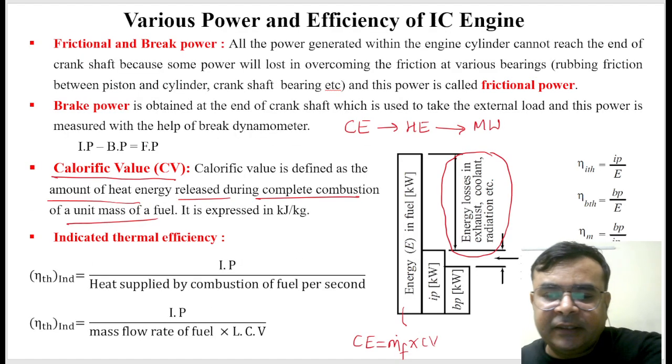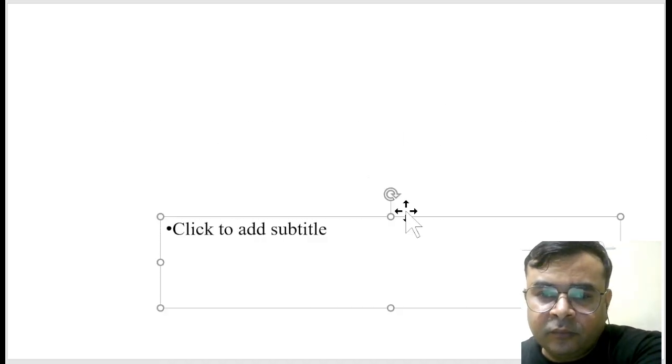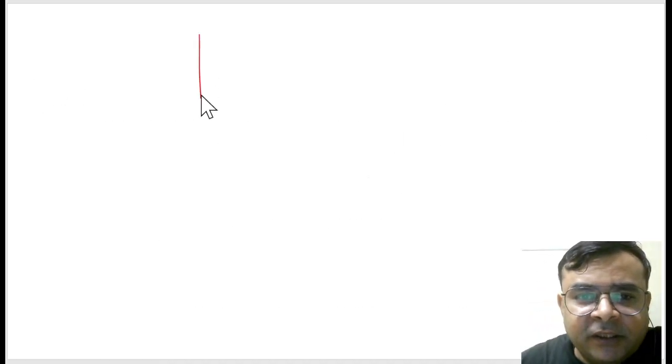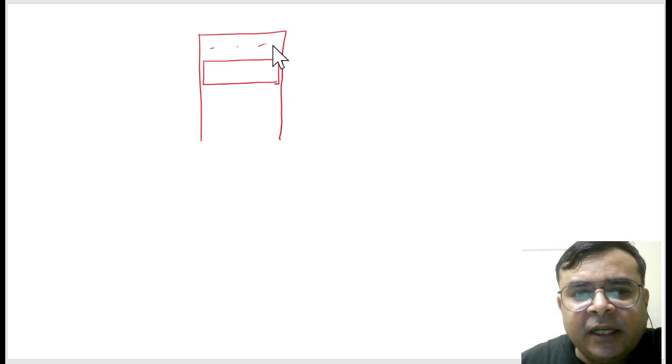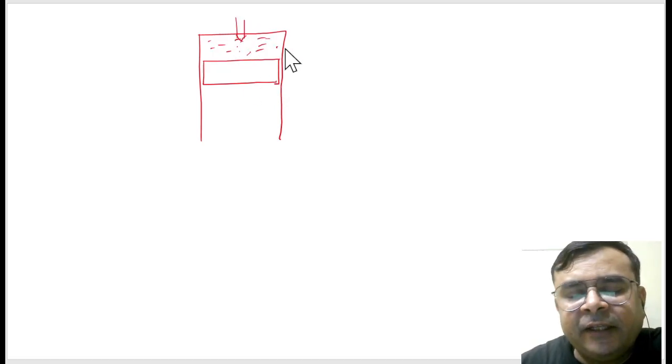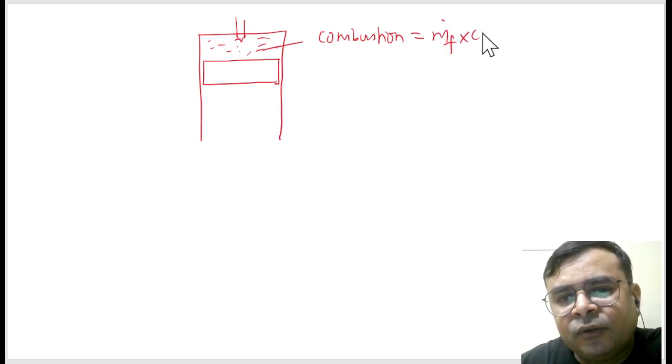Indicated power means, you can see here, if you have a piston cylinder arrangement like this, and initially your piston is situated here, and here you have a fuel air mixture. When you ignite, due to the combustion we get energy, that is m dot f into CV.